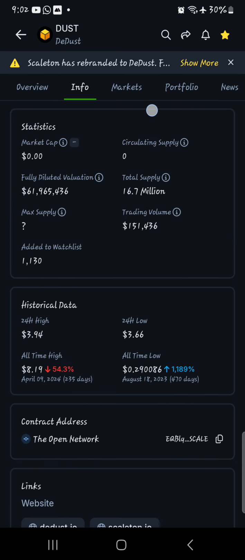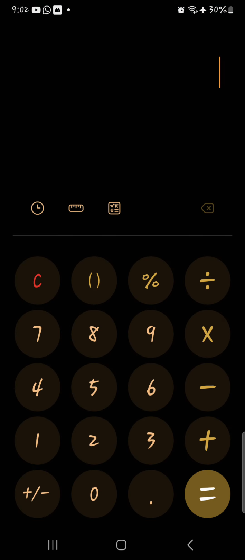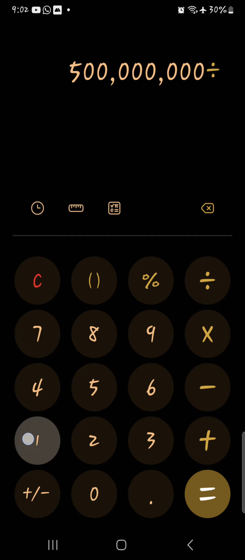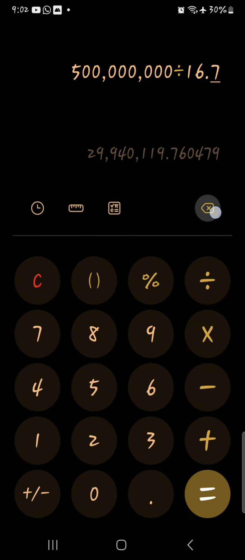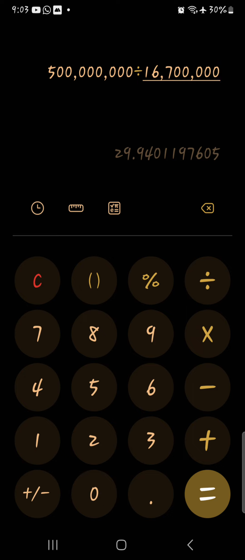So it means that if this ecosystem booms, and let's say this is the second biggest DeFi DEX there, and they're able to get to even just 500 million, assuming the entire total supply is circulating, just 500 million would have moved this. 500 million divided by 16.7. Oh no, you don't put the point. Yeah. So 29.9, which is $30.